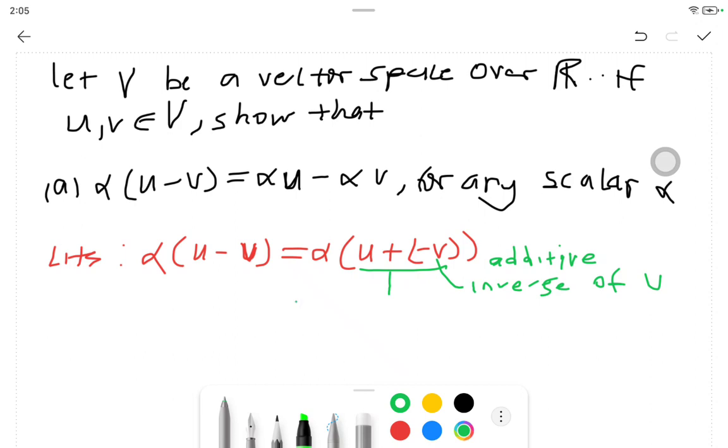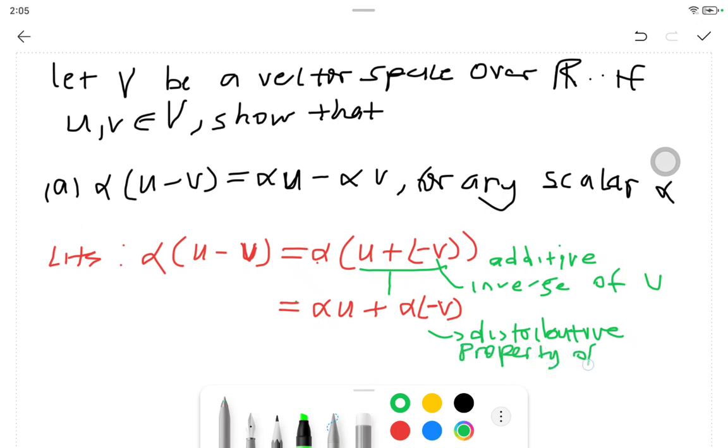From here, I can use some distributive properties to distribute this. I can have this plus alpha times minus v. So this is just some distributive property of scalar multiplication over addition.